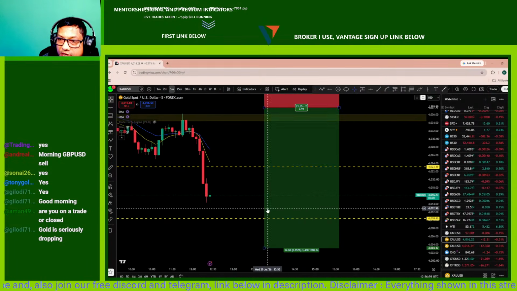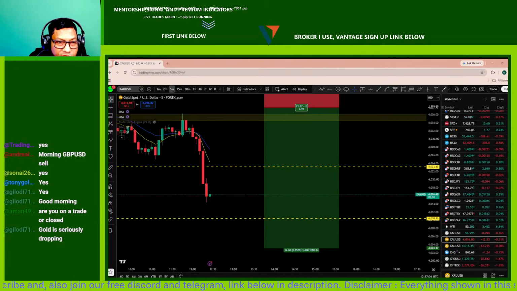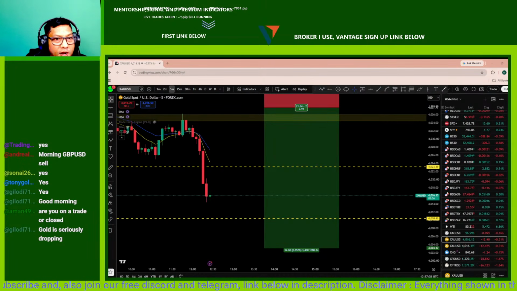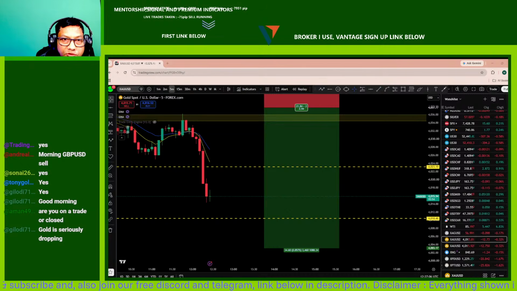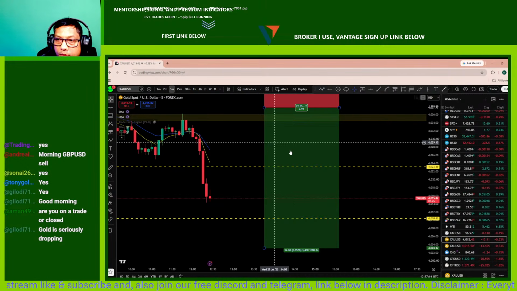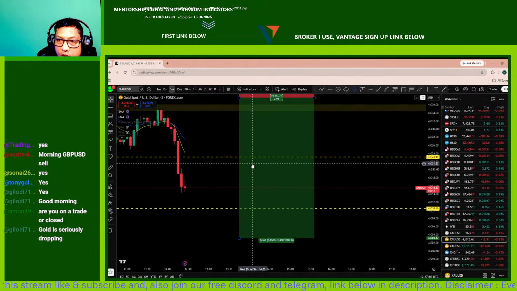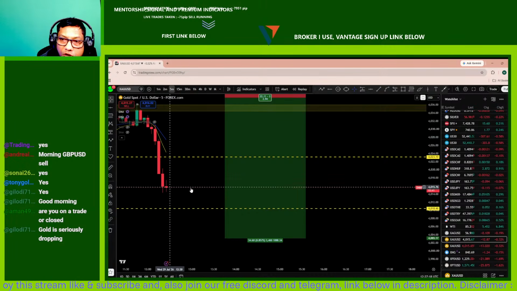This is the 5 minutes candle, and I am observing this 5 minutes candlestick pattern for an entry. We'll see that. I'm observing this price action for an entry.